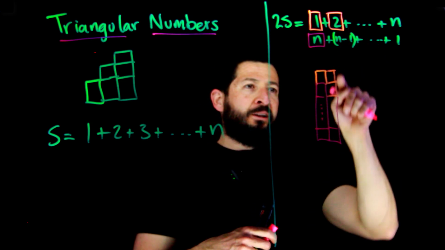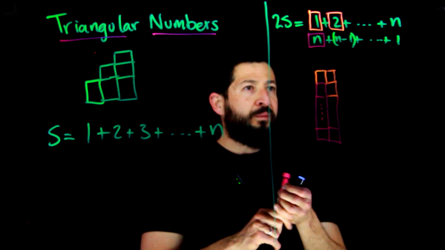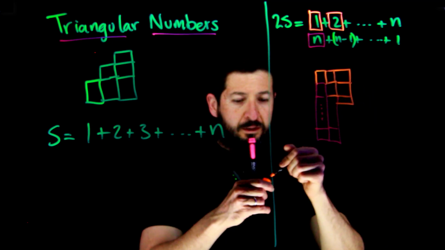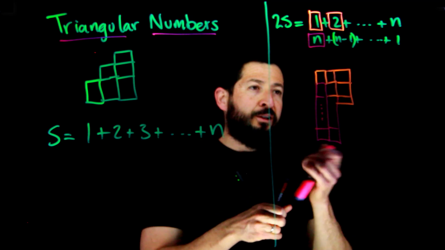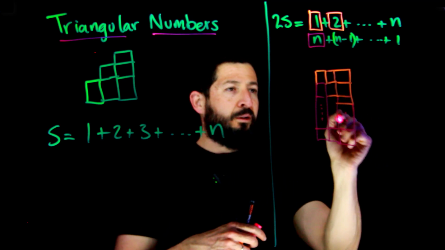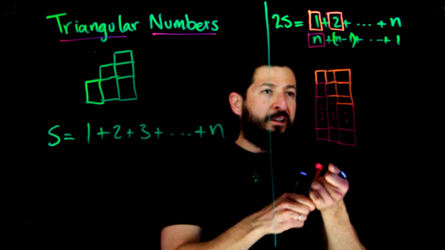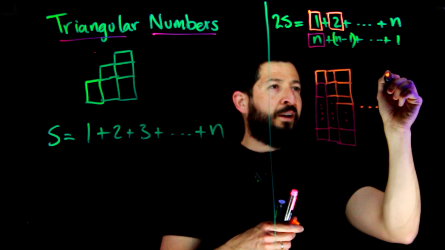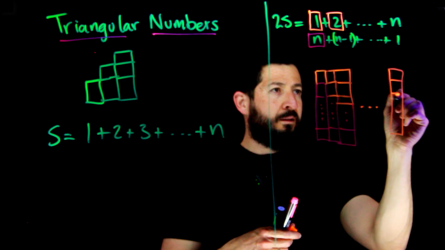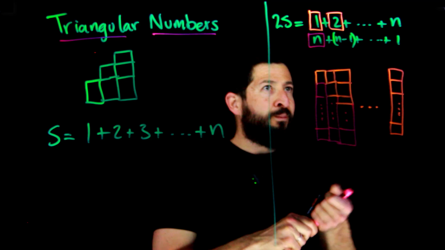So whenever you do 3 here, you're going to do n minus 2. So you're going to have 3 blocks. And then you're going to have n minus 2 down here. So you're always going to be adding to n plus 1. And you're going to continue like that until you have n many. And you're going to be adding 1.